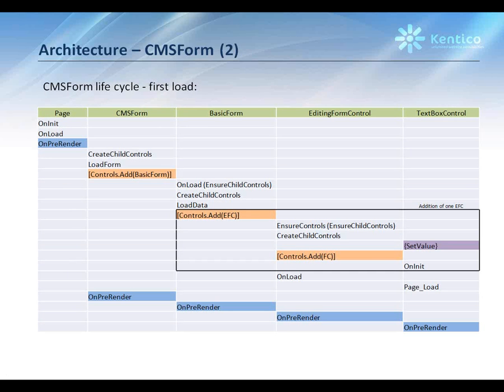Let's take a look at the life cycle of the CMS form. That might be interesting for you. So once the onPreRender event of the page is called, CMS form control, as I mentioned, in the load form method, adds the basic form to the control collection, and once the basic form is initialized and added to the control collection, it calls the load data method.